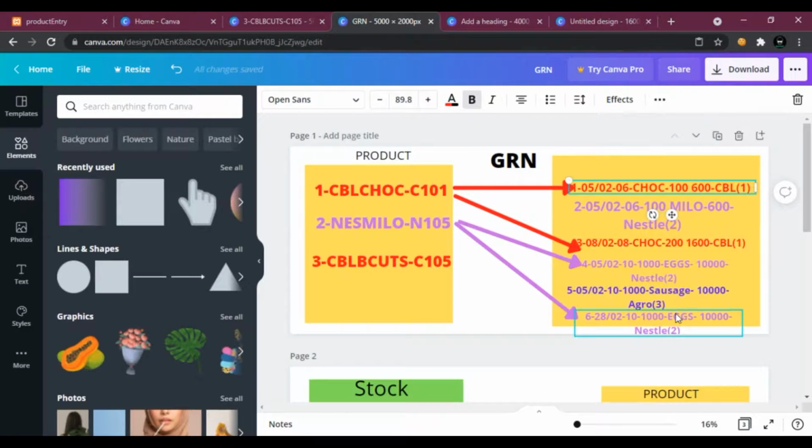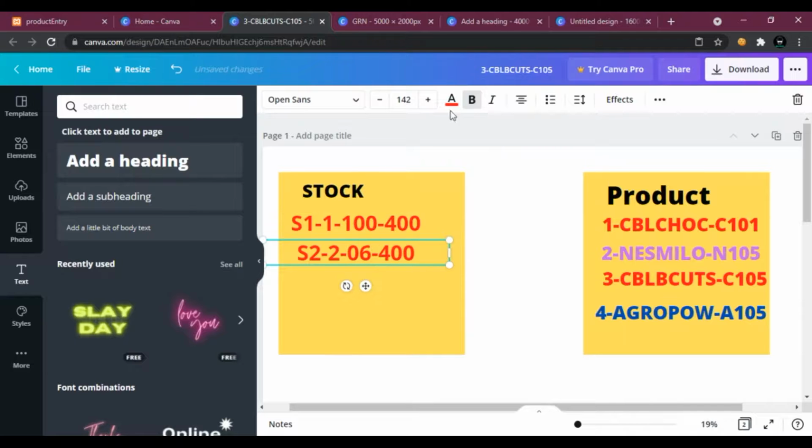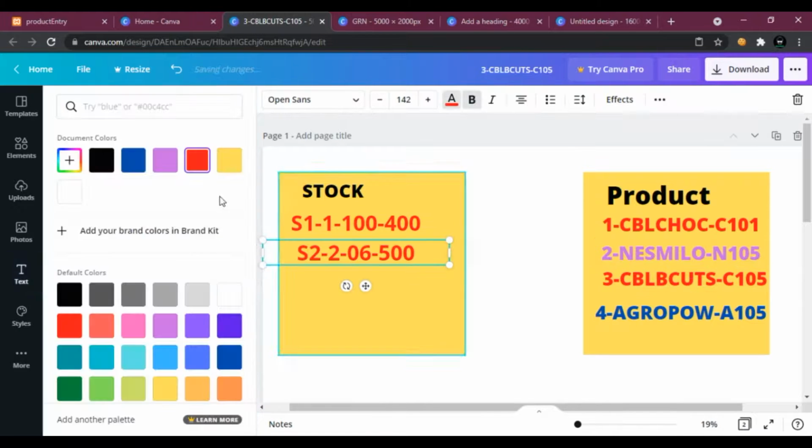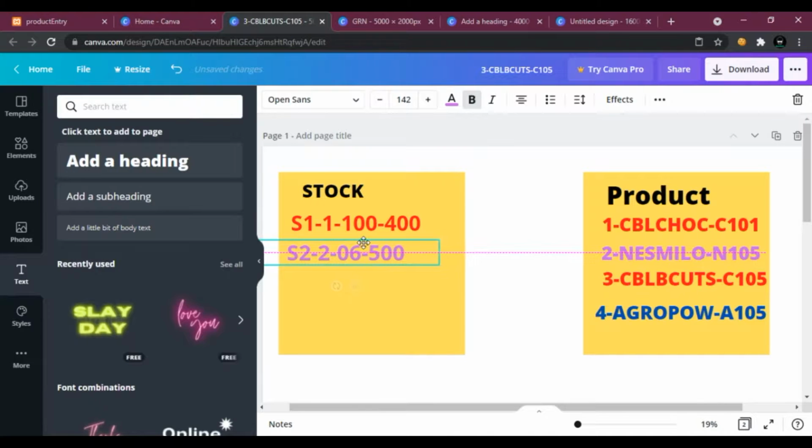Let me find the Milo's quantity. Yes, 6. The selling price is defined by the shop owner, 500. So this is stock 2.